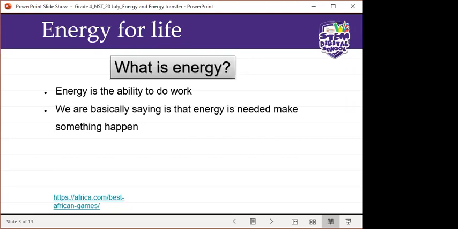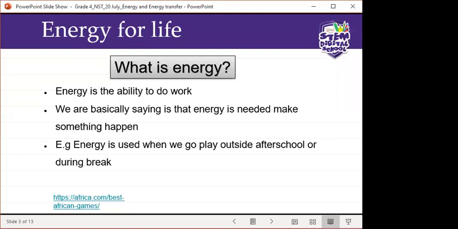You need the energy. We're given an example of a younger sibling running around and climbing couches, etc. Energy is required for those things to happen. Okay, so all living things or all living beings require energy to do work.